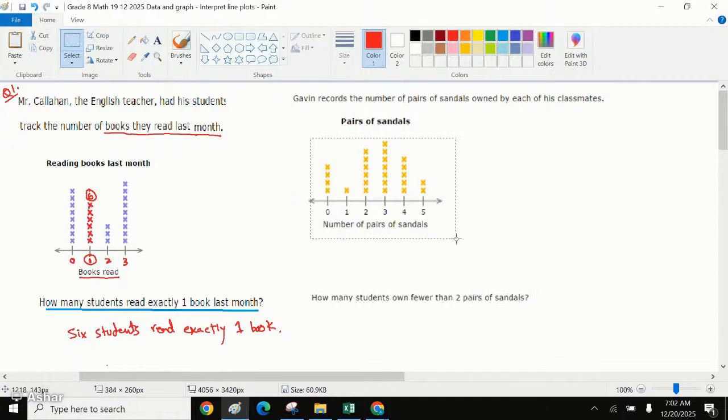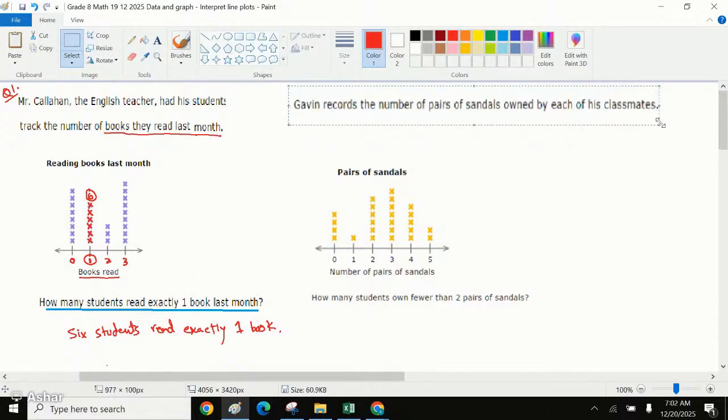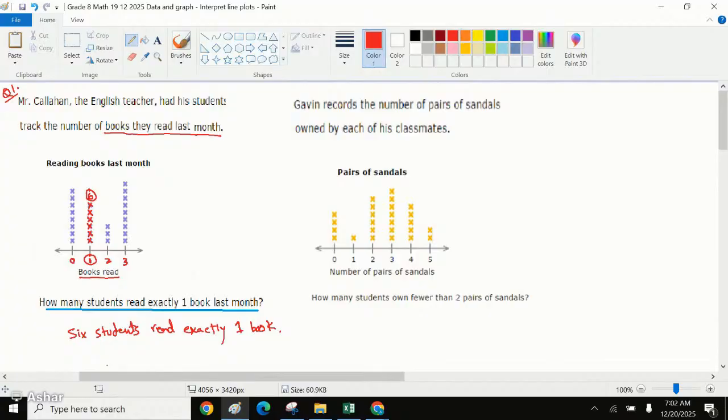Okay. The question says Gavin records the number of pairs of sandals, right? He's recording the number of pairs of sandals owned by each student of a class, or classmate. So we need to look at the graph and see what they are asking us to do. This was question number 2.